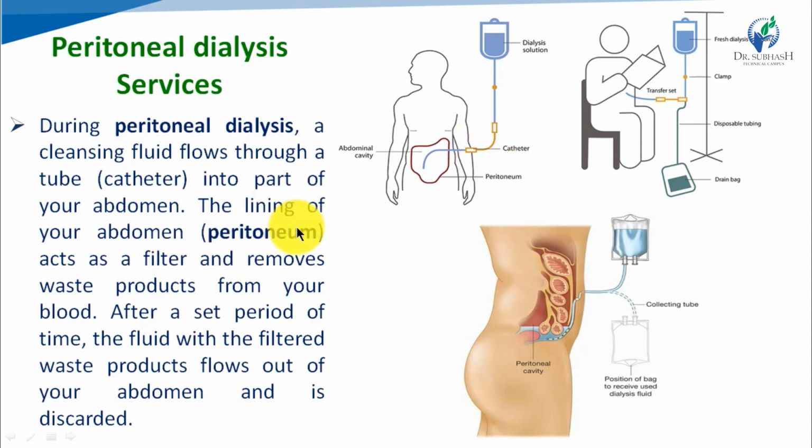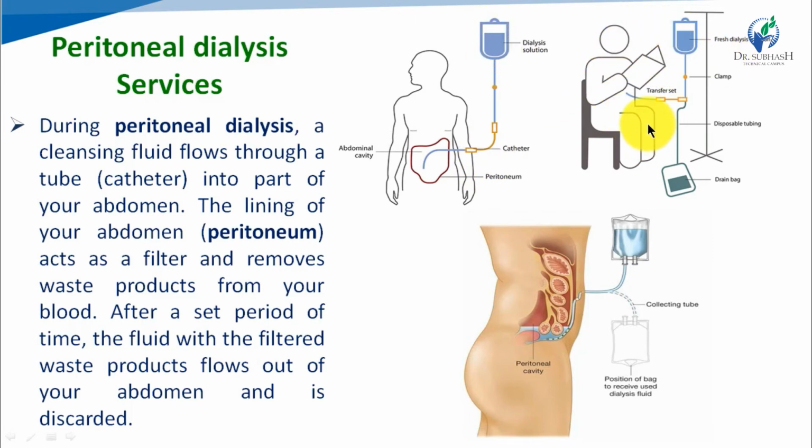Here the lining of the abdomen, the peritoneum, will act as a filter and remove the waste products from your blood. After a set period of time, once we have inserted the dialysis solution into the cavity, we can remove the catheter and the bag, and the patient can move anywhere.